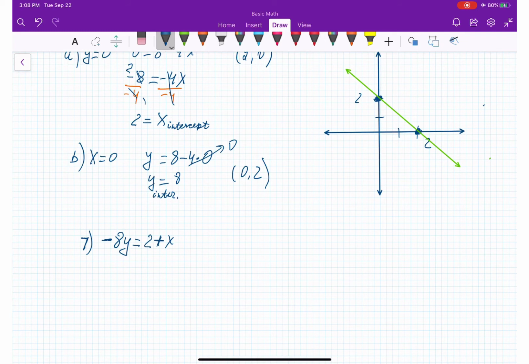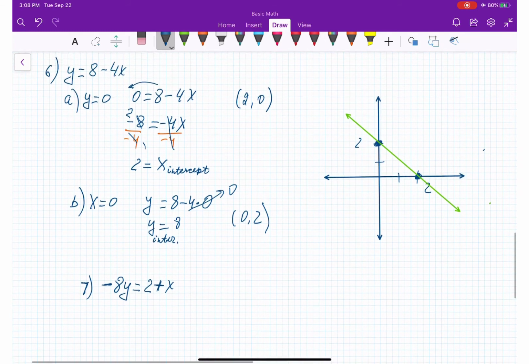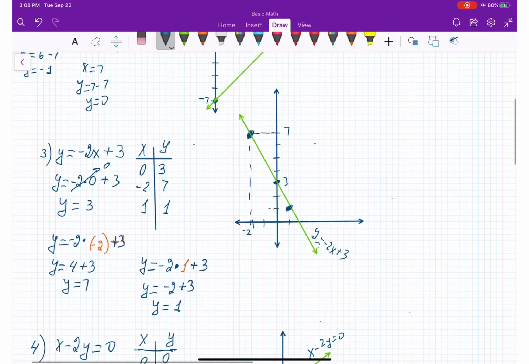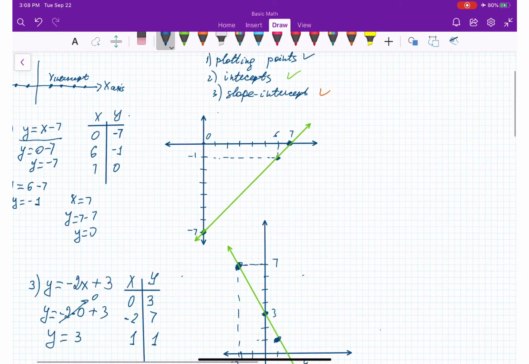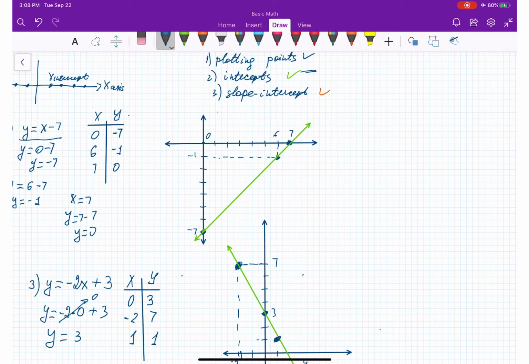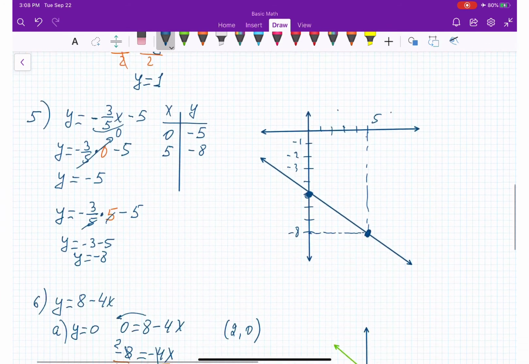Again, we need to find the intercepts. Practically, we are using the second method already, graphing by intercepts. This one we are using already.